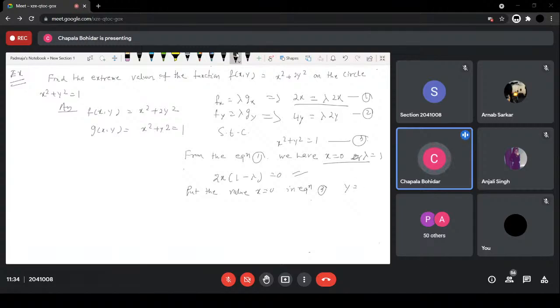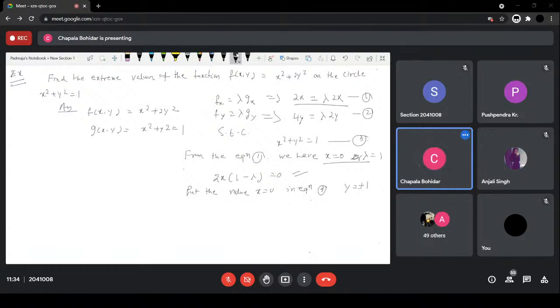Y square is equal to 1, so y is equal to plus minus 1, not only 1.